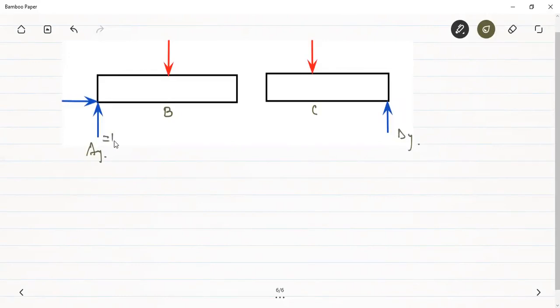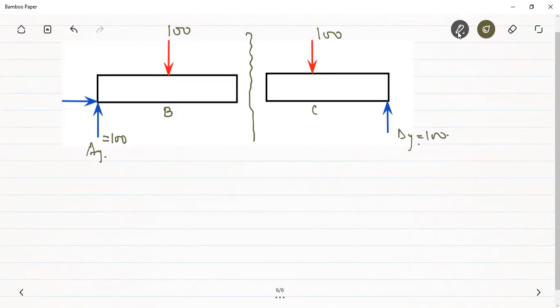This is actually 100. This is 100, this is 100. This is 100 again. Okay. We have taken a section here. Now this is the section. We can consider either the right side of the beam or the left side of the section.